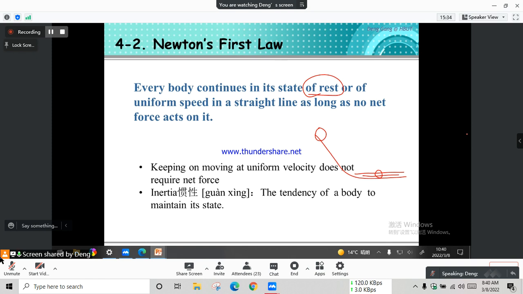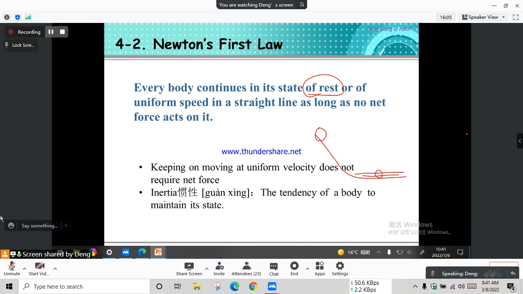If it is originally at rest and we want it to move, we need a force. But if it is moving and we want it to keep on moving like this, we don't need a force. So that's what Newton's first law tells.